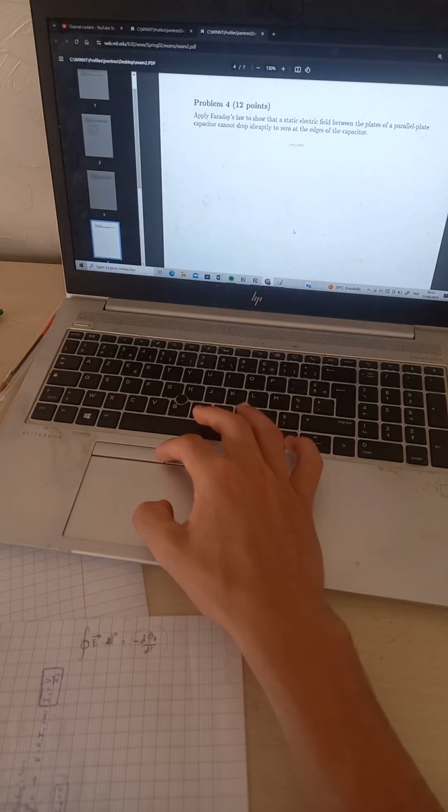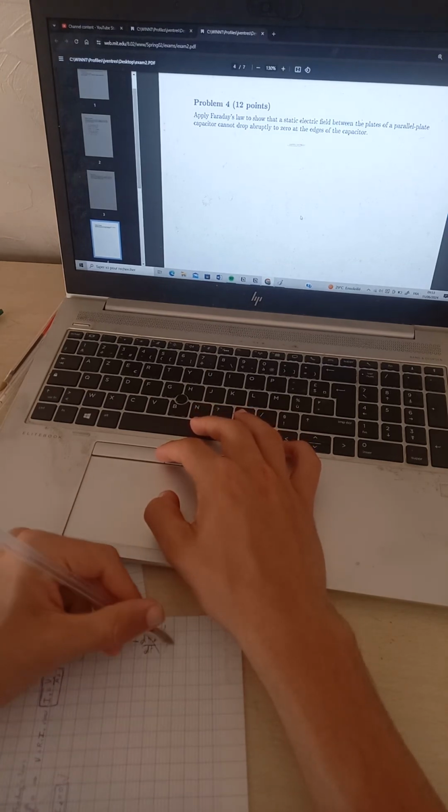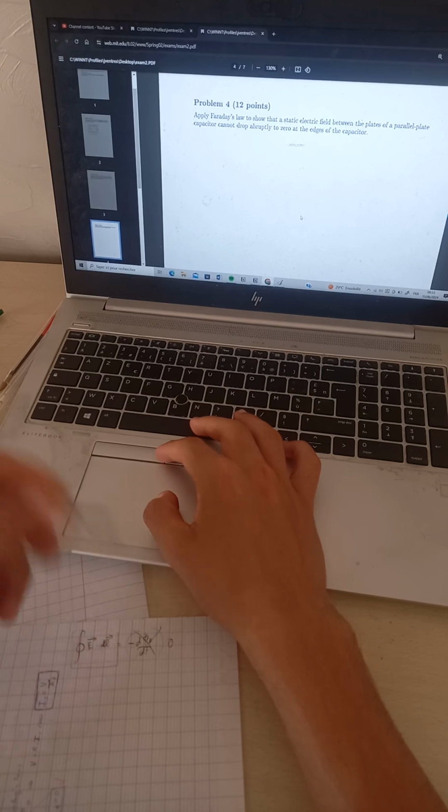You should be able to know that sometimes the magnetic flux does not change, which makes this equal to 0, and then everything could be fine.